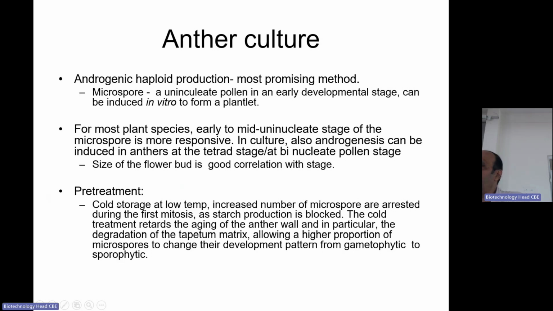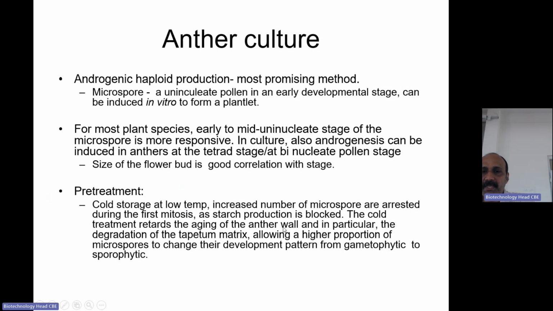So this can also induce androgenesis, like cold storage at low temperatures. This increases the number of microspores which arrest at the first mitosis, and also the starch production is blocked, so that the pollen formation is blocked.